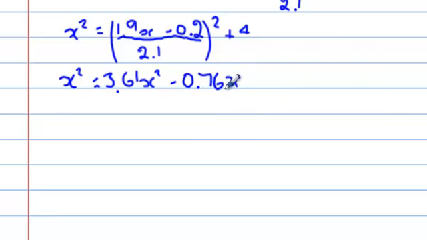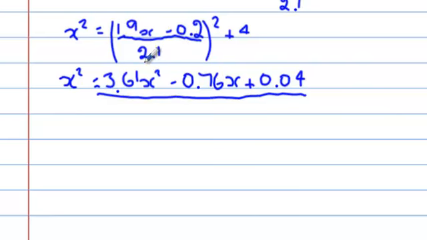That'll be 0.76x. Then I've got negative 0.2 times negative 0.2 becomes plus 0.04. That's all over 2.1, which is squared. That becomes 4.41, and I've still got plus 4 here.